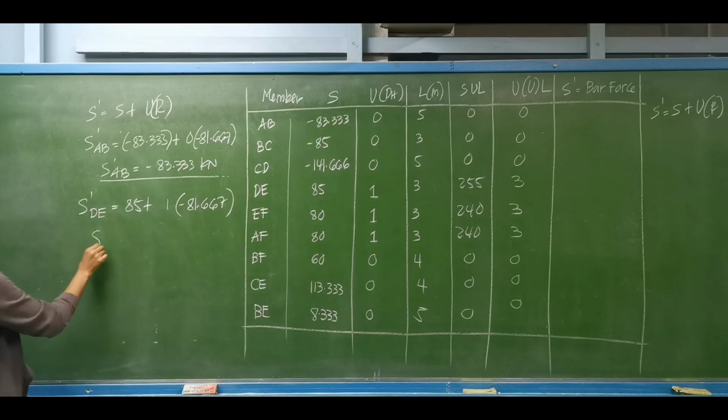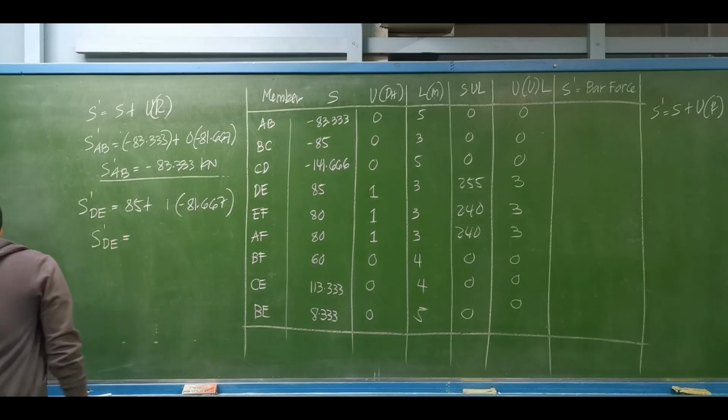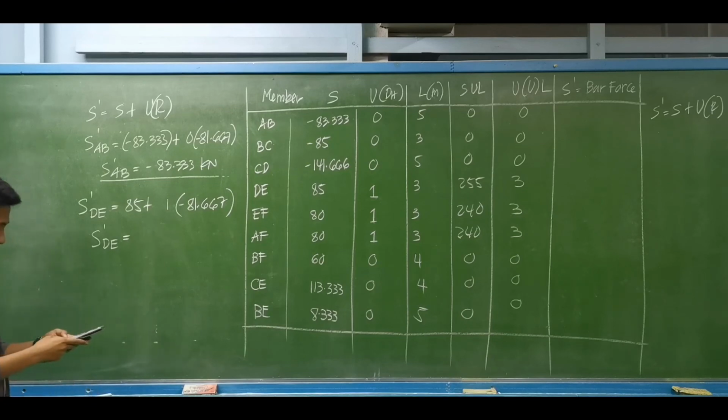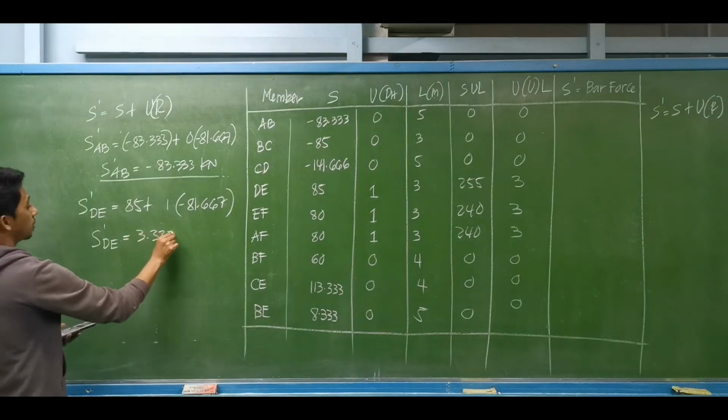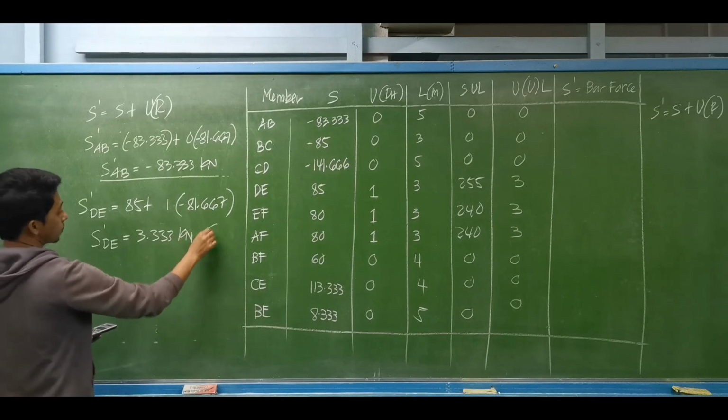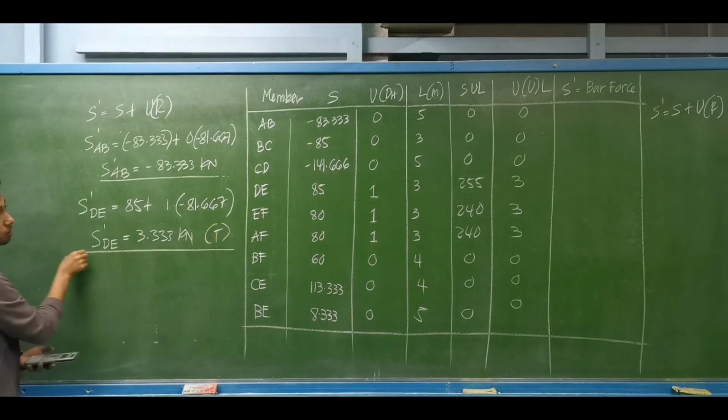So the actual force for member DE is 85 minus 81.667, which gives 3.333 kilonewtons, and since it is positive, it is under tension.